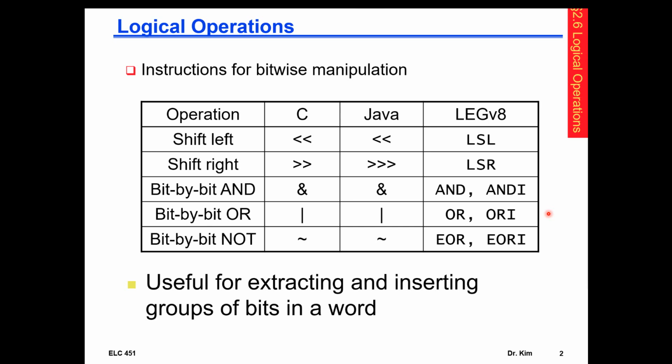And what we mean by bitwise or bit-by-bit operations is that each bit at its position is, in the case of the AND, ANDed. So if the least significant bit of one operand is 1, and the least significant bit of the second operand is 1, then the AND would be 1.